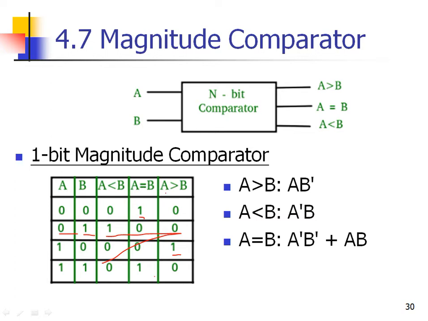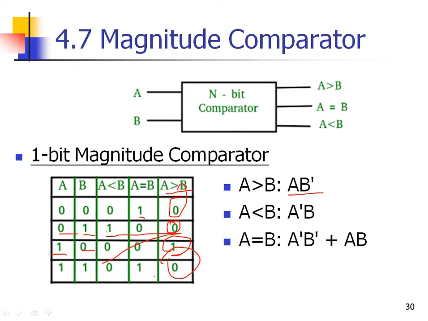Starting from A greater than B, you are getting 1 in the case where A is 1 and B is 0. Hence we are directly writing it as AB bar. Remaining all the cases for A greater than B are 0, hence they are not considered.